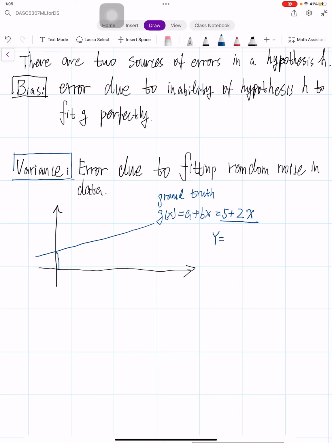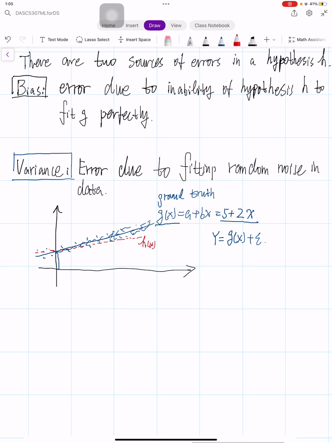When we observe data, we don't observe this g(x) directly, right? We observe g(x) plus error terms. So each time we simulate data along this line, we have our observations like this. But every time we do the estimation, no matter how good your algorithm is, our fitted line cannot be exactly this g.